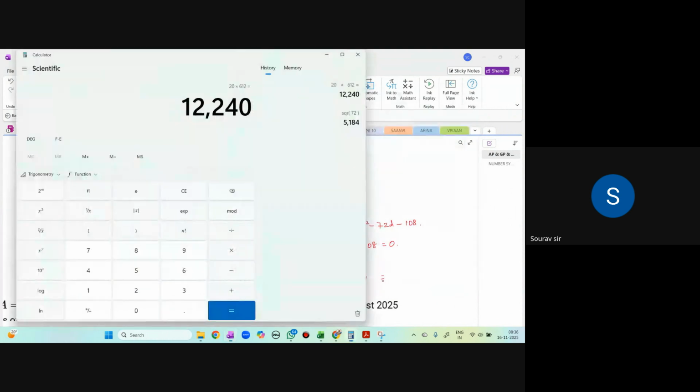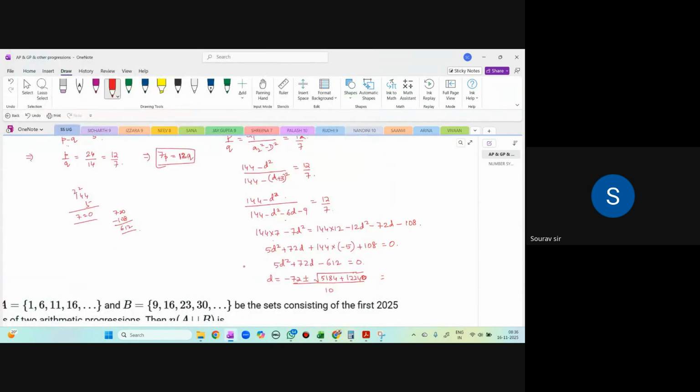So plus 5184, square root of this is 132. So minus 72 plus minus 132 by 10. So 132 minus 72 is 60 by 10 is 6.